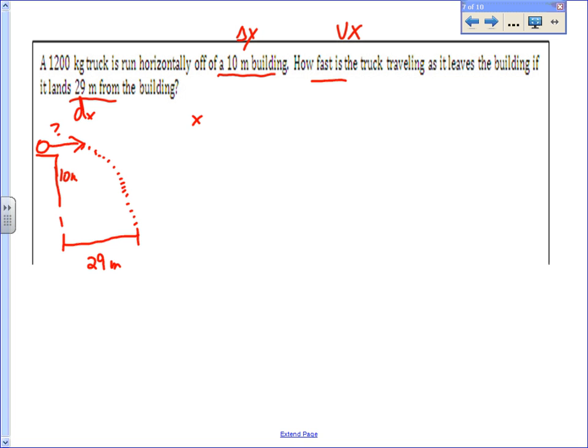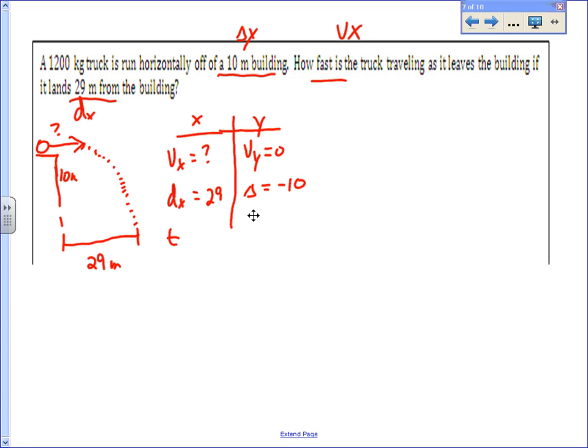So my x side, Vx, dx, and t. My Vx is unknown. I'm going to put a question mark. My dx is 29. On the y side, I'm going to find my Vy, which is always 0. My delta y, which is the negative of my height, so negative 10.